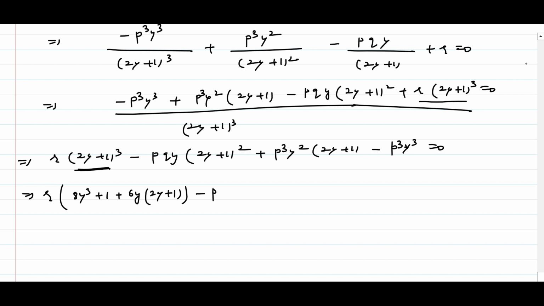Further, pqy times a plus b whole square, that is 4y square plus 4y plus 1, and here will be, after opening the bracket, it will give 2p cube y cube plus p cube y square negative p cube y cube is equal to 0.